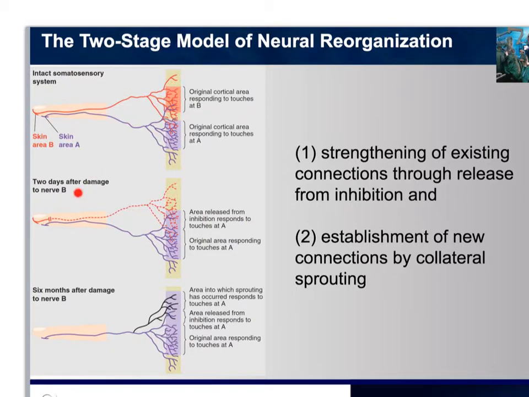However, if there were damage to nerve B, you could see how there would be a degeneration of this, and an almost instant reorganization would begin to occur.